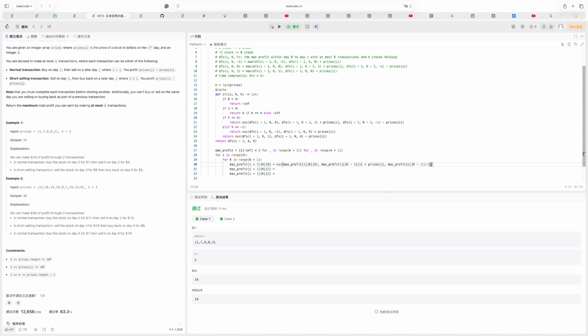Yeah, okay, we can change it to 2. Then when buying back, we have to minus the profit, so it will be like this.